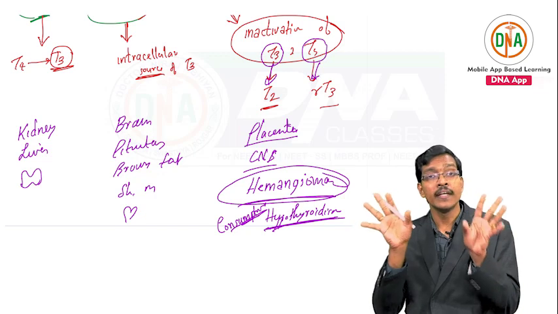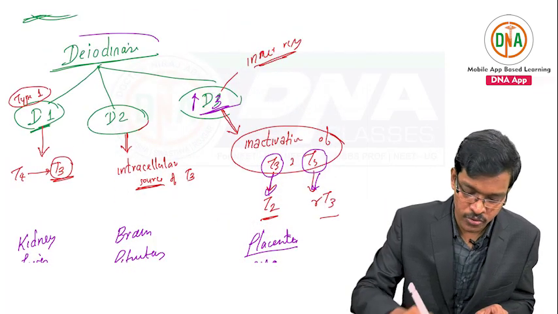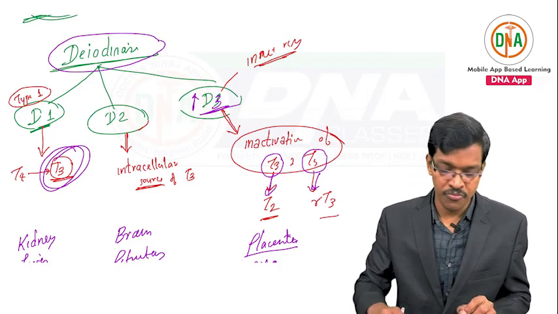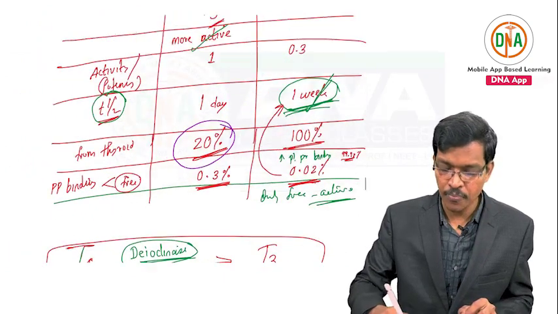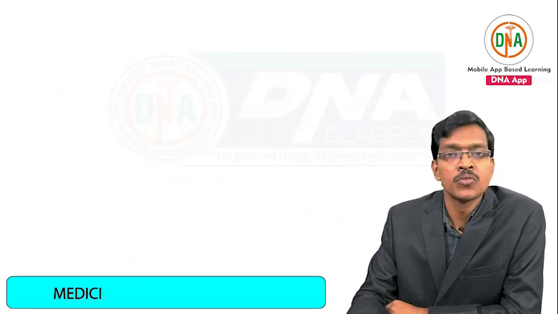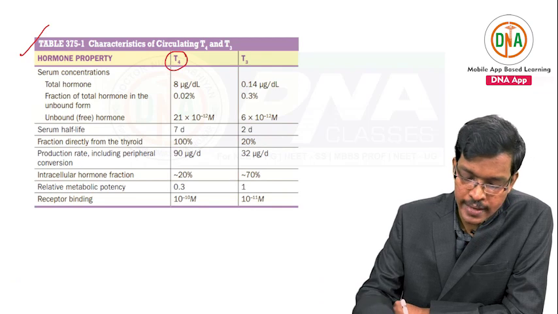So this is the deiodination step. This deiodination is responsible for the production of the active form of the thyroid hormone, which is T3. In fact, 80% of the T3 in the circulation comes from deiodination, and only 20% from the thyroid gland. So this is a table from Harrison showing the differences between T4 and T3.